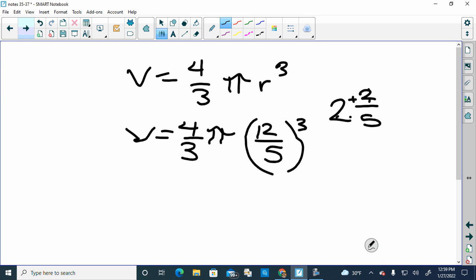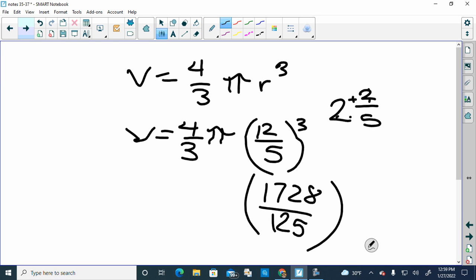When this is being cubed, it means the 12 is being cubed and the 5 is being cubed. So you're going 12 times 12 times 12, which gives you, and then 5 times 5 times 5, which is 125. This is still here, but I'm just ignoring it so we can get to that point.